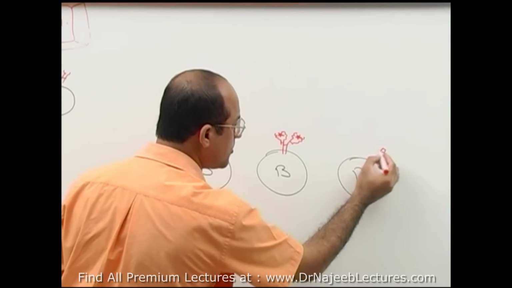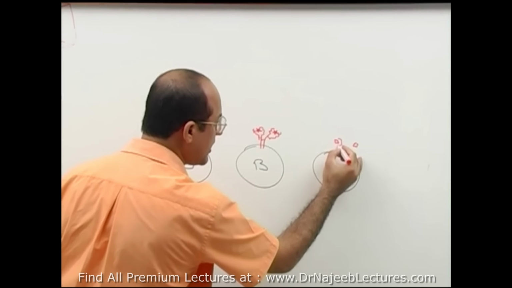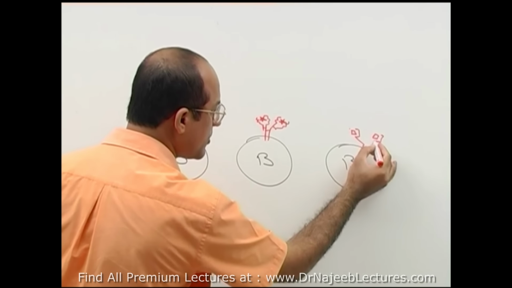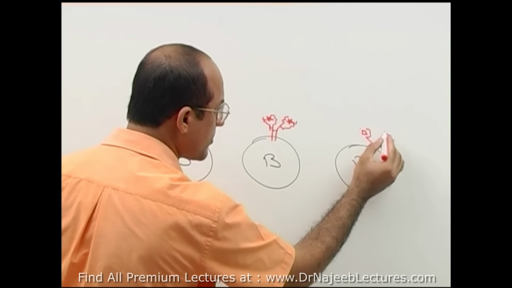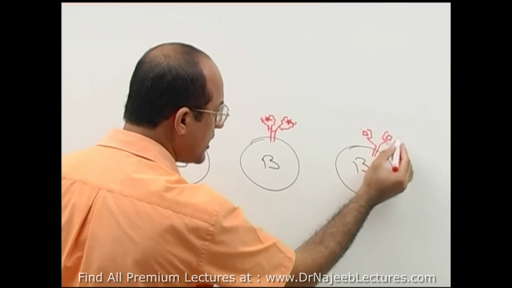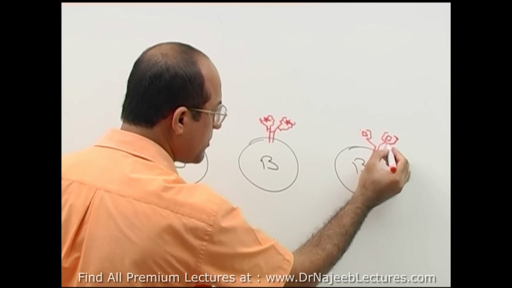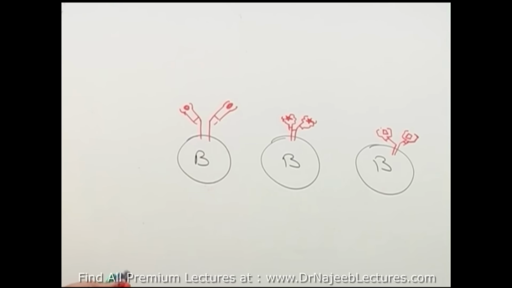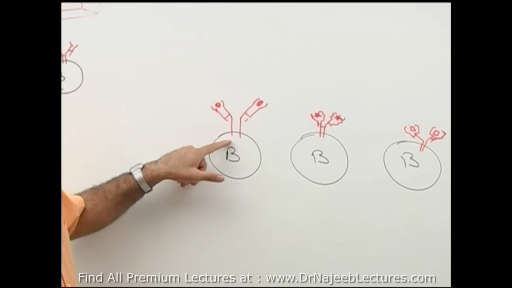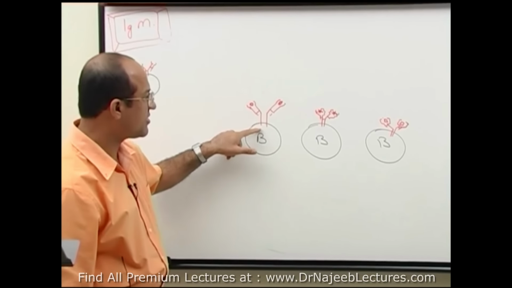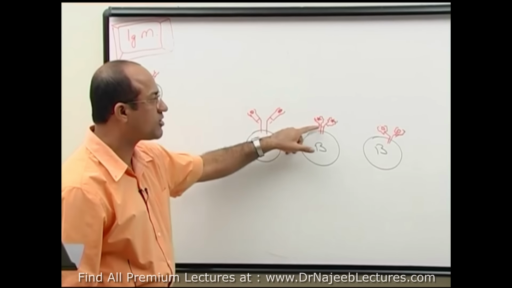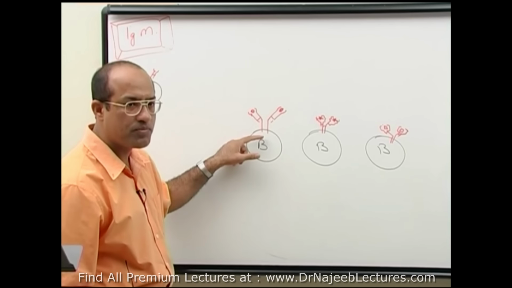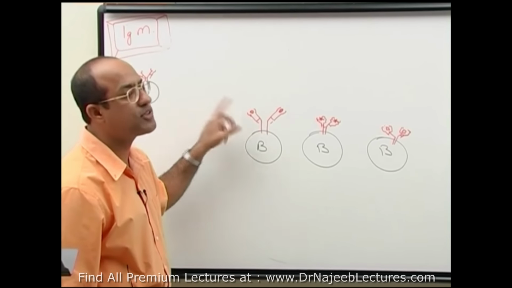This is another B cell, and this B cell has IgM molecules which could bind with the square antigen. Actually, every B cell in your body expresses IgM molecules on their surface, and different IgM molecules on the surface of the different B cells bind with different antigens.